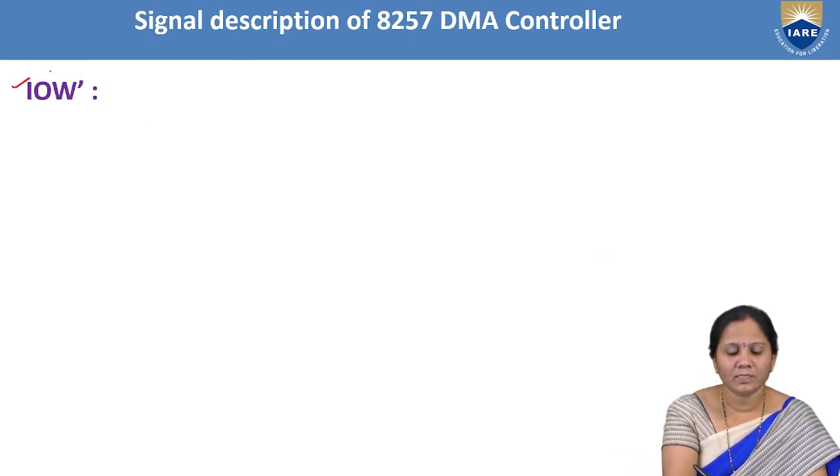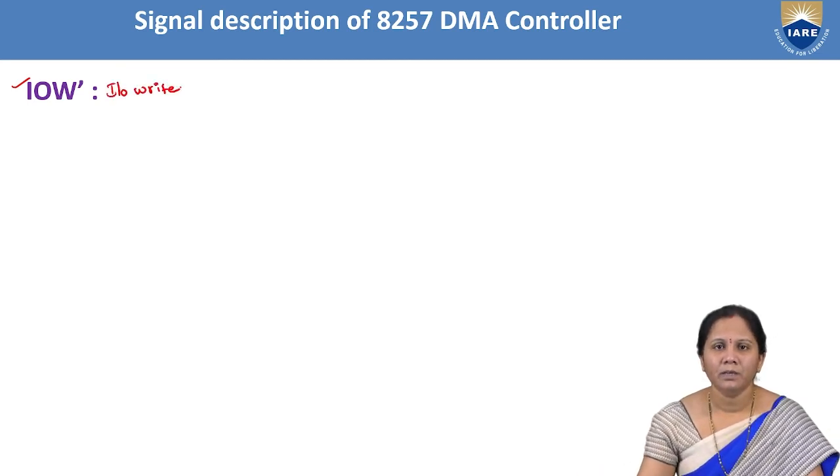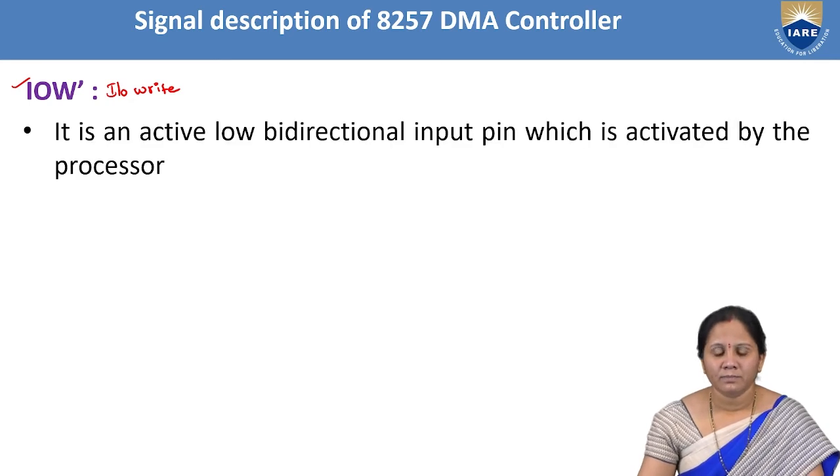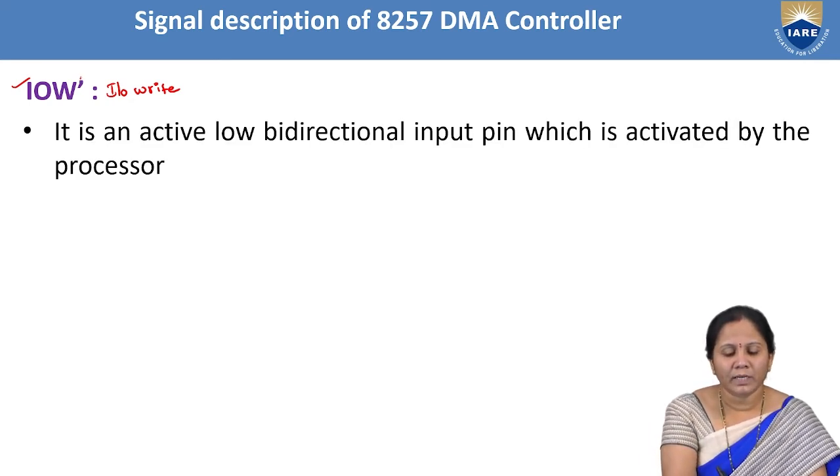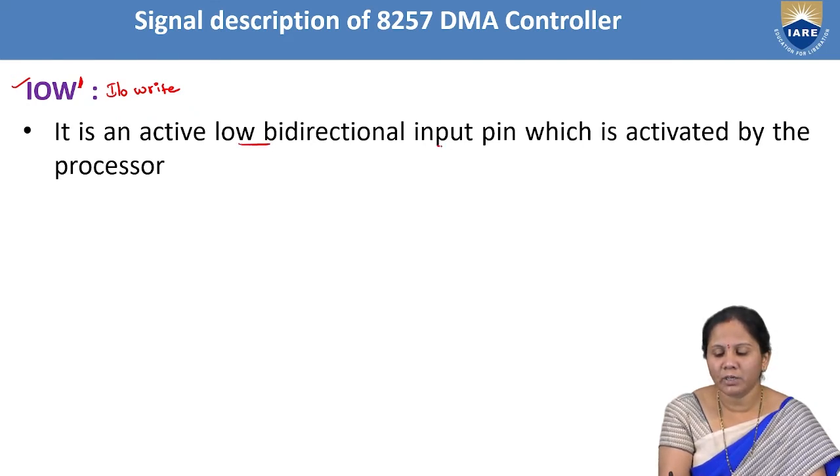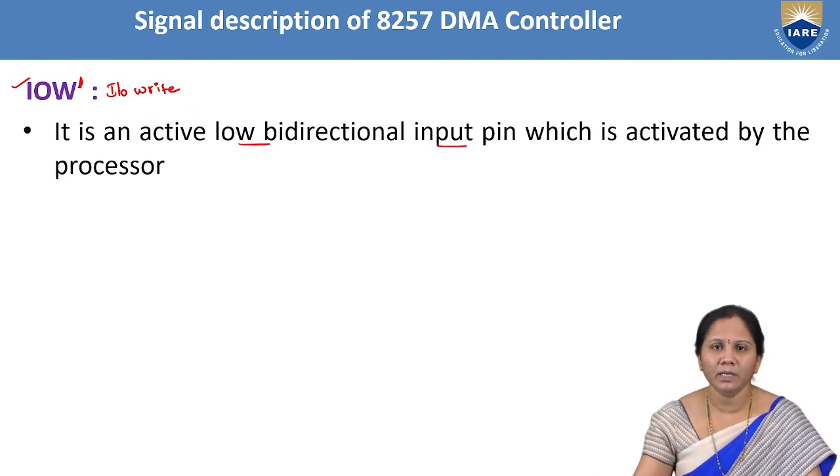And the next one is IOW bar. It represents IO write. It is also represented with a bar, so it is called an active low bidirectional pin, which is activated by the processor.